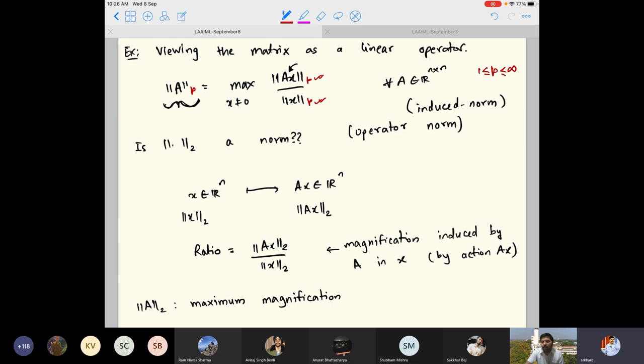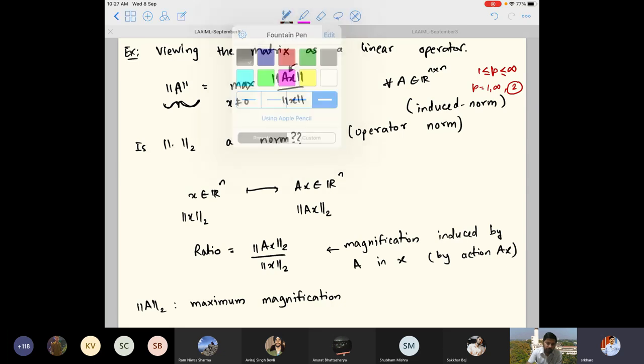In general, we will show that for p equal to 1 and infinity, it is really very easy to compute this particular norm. P equal to 2 we will show is related to singular value decomposition, so it is still okay. But in general, for p not equal to these, this is a difficult problem.